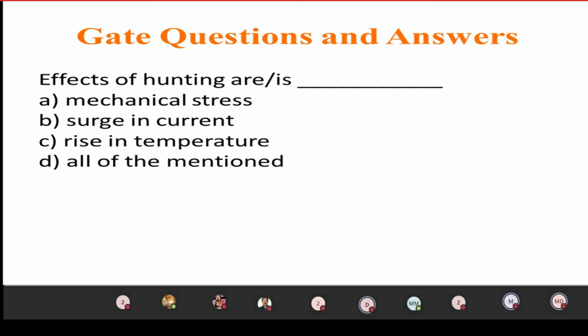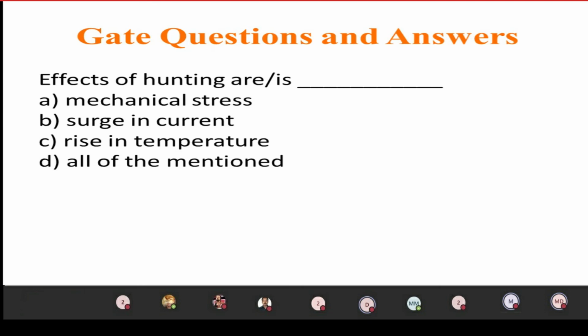So it will cause us, first thing, mechanical stress. Very good. Due to the sudden change in load, there is an oscillation. Due to the oscillation, the frequency mismatch between the grid and the generator will cause mechanical stress, and resultantly it will lead to a surge in current.